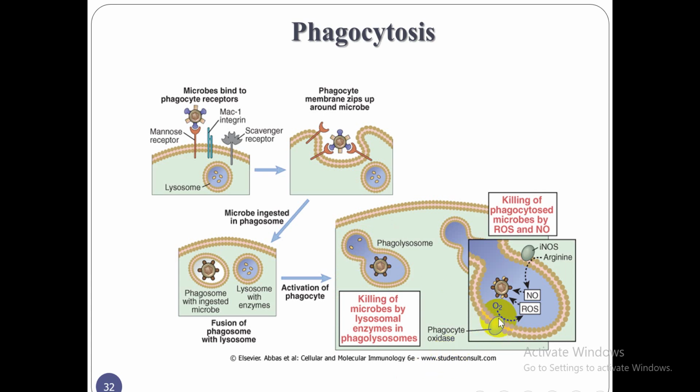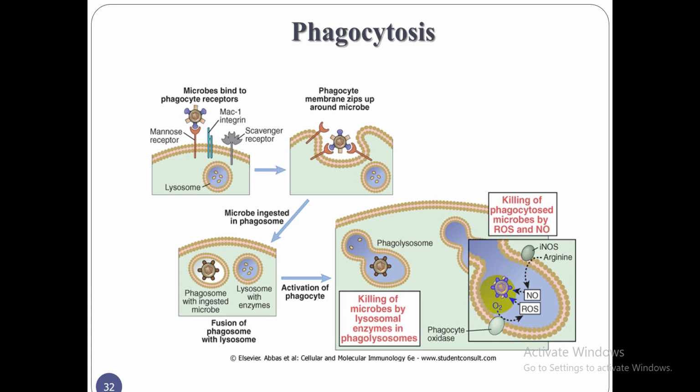The second mechanism, you see here, phagocyte oxidases are present on the membrane of phagolysosomes, and they could convert O2 to reactive oxygen species, and these reactive oxygen species inside the phagolysosome could be toxic for the microbe.